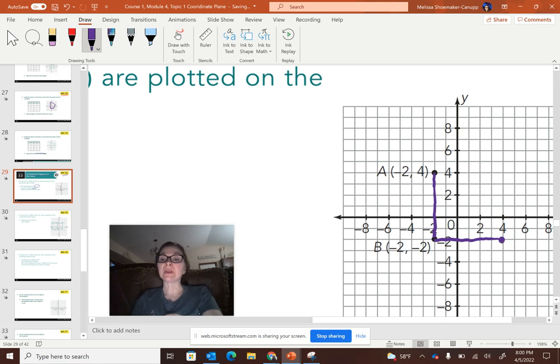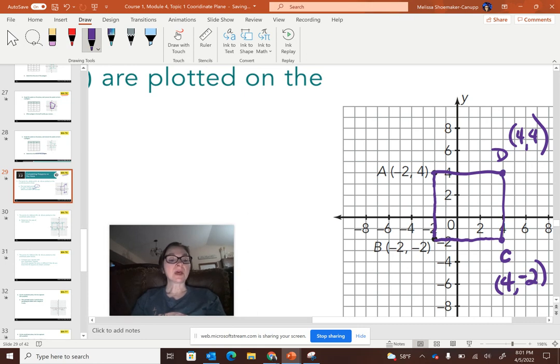I know I need a point there, and I know I need a point here. A, B, C, D. So the coordinates of C would be 4, -2. D would be 4, 4. And they form a square.